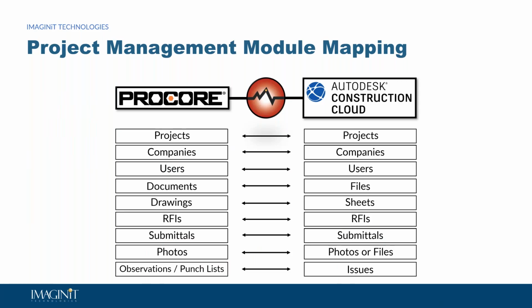For RFIs and submittals, these are probably the two primary ones that our solution supports, commonly requested from our clients. Like, hey, we don't want to have to respond to an RFI in Procore in the general contractor's environment and then have to recreate that RFI or our own internal review process in Autodesk.